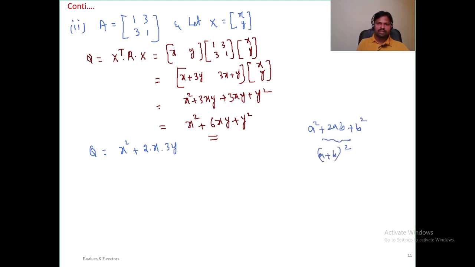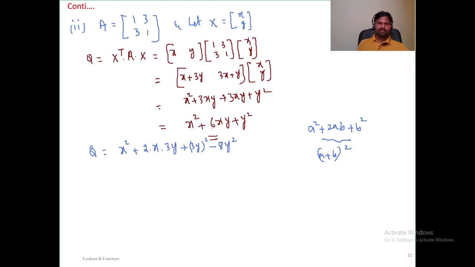Instead of b we have 3y, so 3y whole square is 9y square, but here y square is there. So 9y square minus 8y square, that's it. Simplifying, x square plus 2x 3y plus 9y square minus 8y square is y square only.